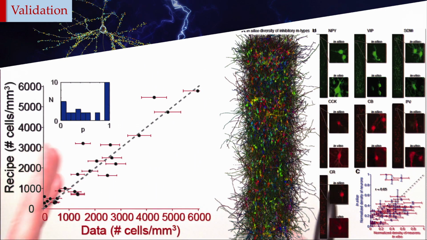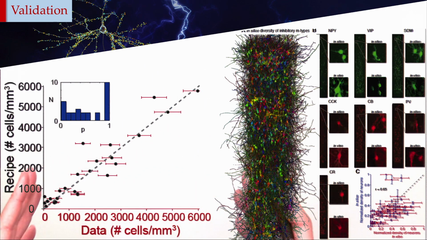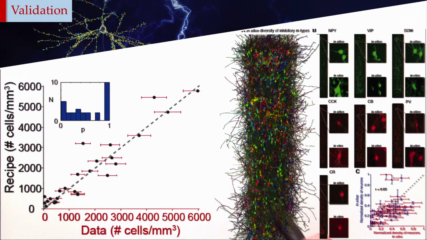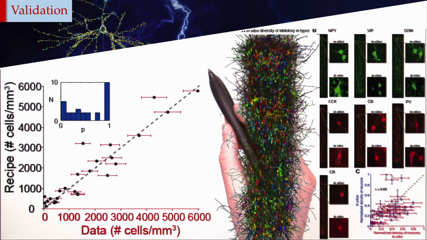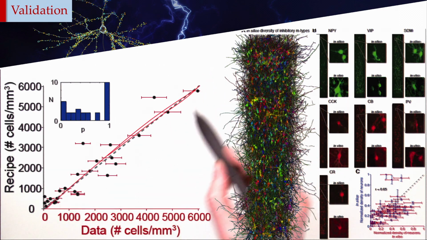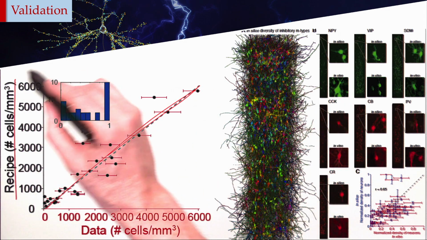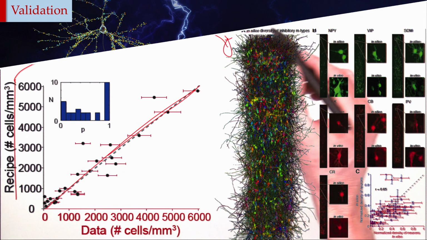So what you find, after you've reconstructed the circuit with different cells in different layers, is that it correlates in terms of the recipe, which was obtained from getting those densities.